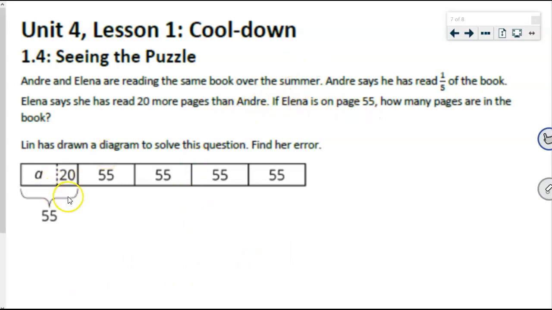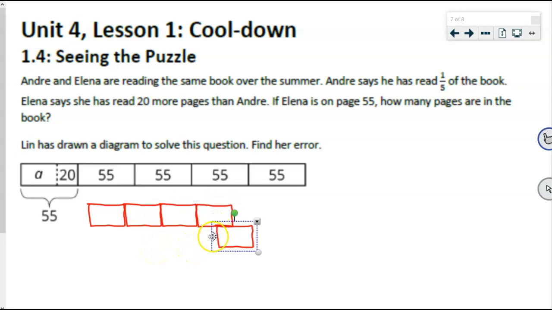So if Elena is on page 55, this amount accurately represents what Elena has read. We can also see that Elena has read 20 more pages than Andre, so we're going to reduce that bar length by 20 to show Andre, and all of this is accurate. The mistake in this diagram is Andre has read 1/5 of the book, not Elena. So what I should do is take the amount that Andre has read, which is significantly smaller than what Elena has read, and that's the part of the diagram that we should have represented by 5 of those bars.